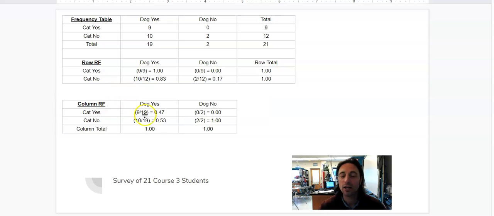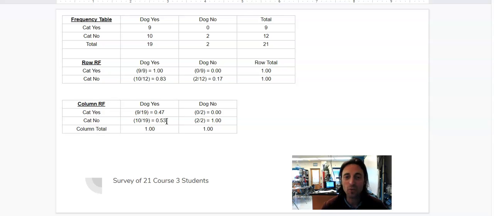The same can be done for column relative frequency. In column relative frequency, you look at the columns. Do you own a dog? Do you not own a dog? And then you do the same process. You're like, okay, if you own a dog, there are 19 of you. Do you own a cat? Well, 9 of 19 own a dog and a cat, or 47% of dog owners own cats. 53% of dog owners do not own cats.